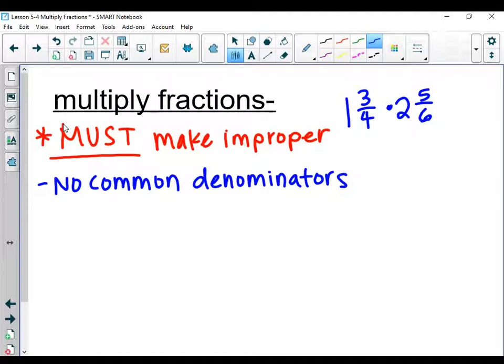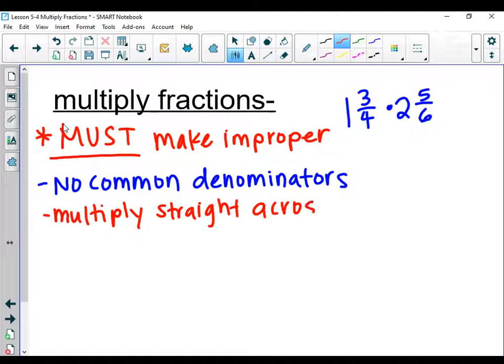No common denominators. Multiply straight across. So I would multiply the top times the top and the bottom times the bottom.